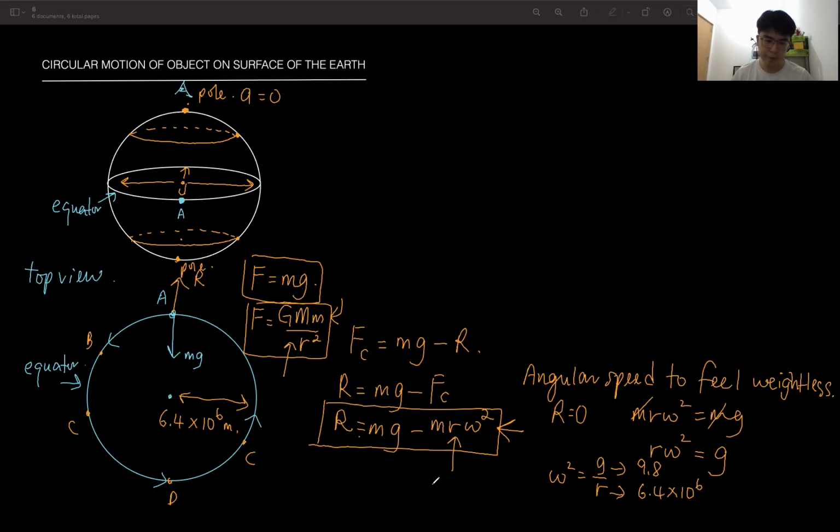Put it inside, calculate this one, and you get 1.23 times 10 to the minus 3 radian per second. That is the angular speed in radians per second, and you can change to degrees to find how much rotation of the Earth is needed for the object to feel weightless.